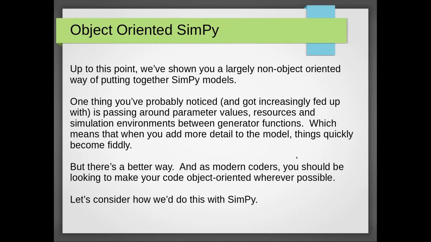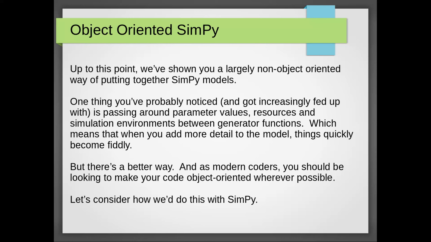Particularly as well, one thing we try to instill in you in the Python training is that as coders, you should be looking to make your code object oriented wherever you can. It does make it much more elegant in modern times, really. That should be the gold standard.